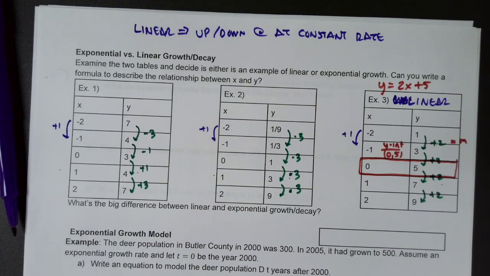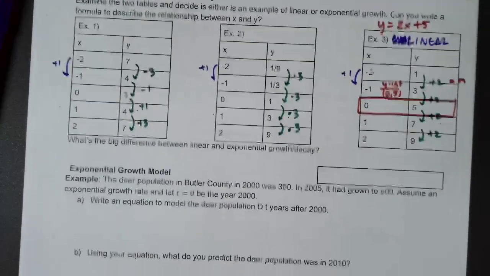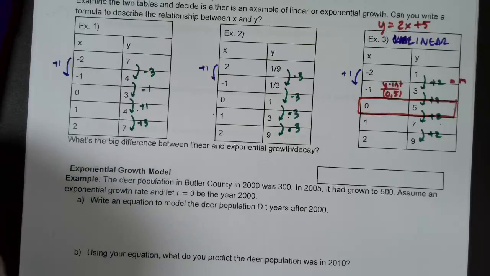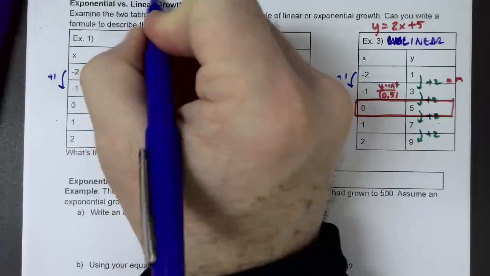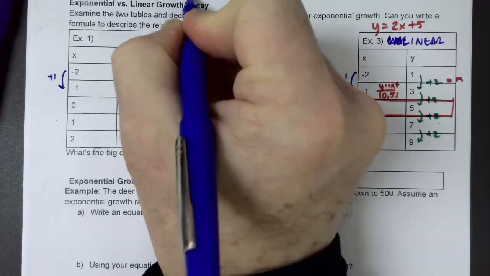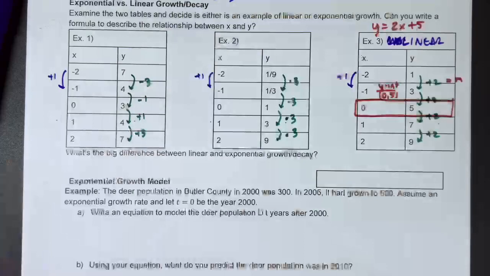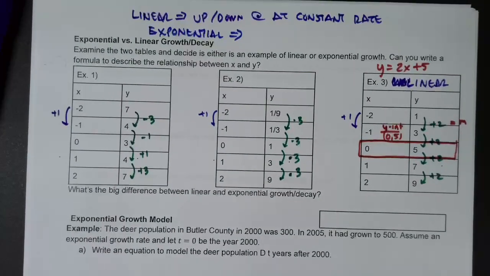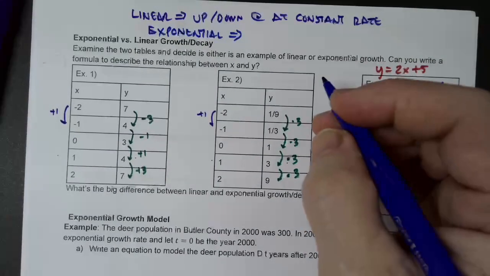Okay? Now, let's take a look at these, because I do want to point out to you that was linear. If we have something that is exponential, okay, an exponential is always going to be increasing or decreasing.